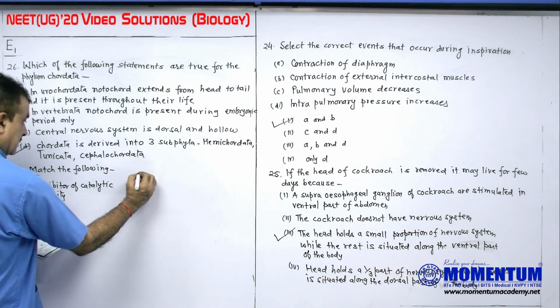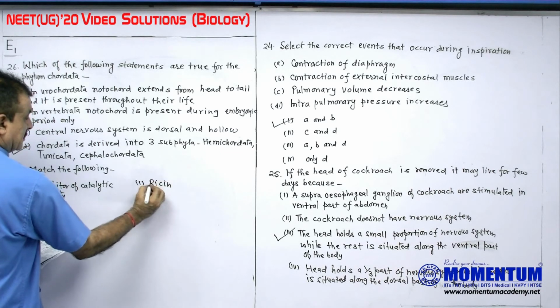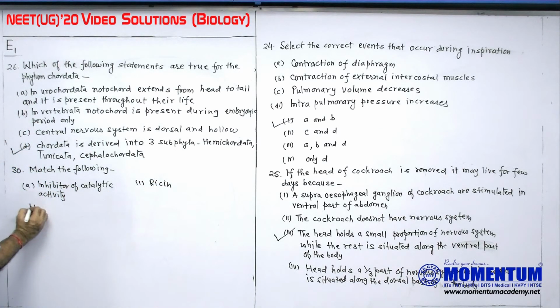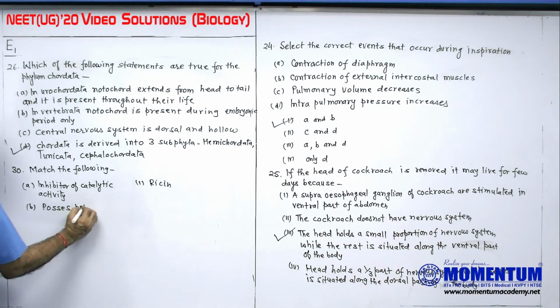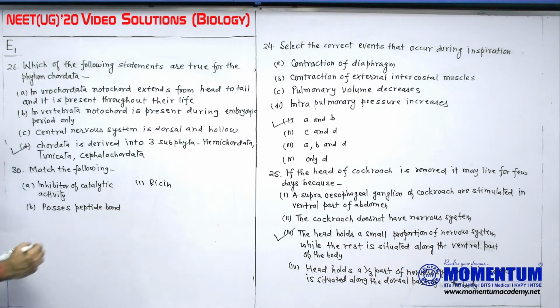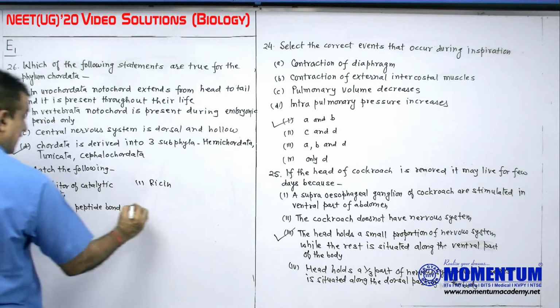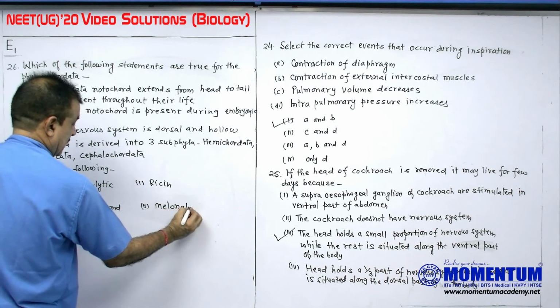It is number 1, ricin. Then B, possess peptide bond, malonate.